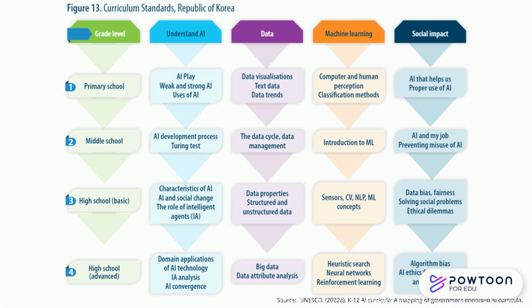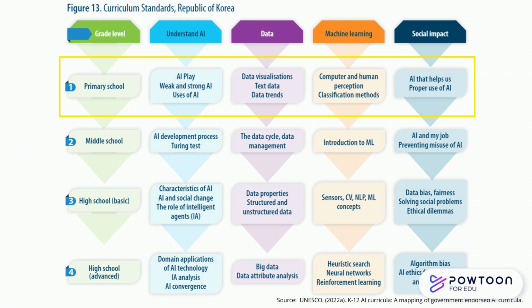This graphic shows the suggested curriculum progression of the learning goals in 4 key areas: understanding AI, data, machine learning, and social impact. It's important for us as elementary educators to see that the learning progression includes important things like AI play, weak and strong AI, and proper use of AI.